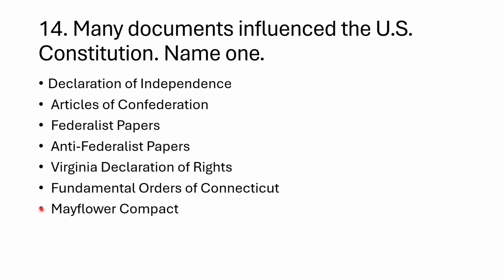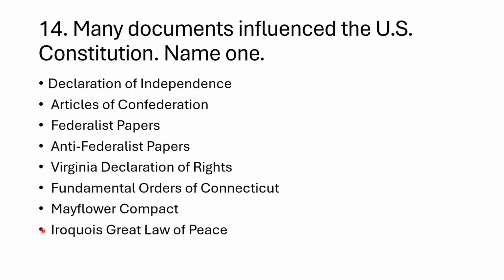And while they were on the boat, they had some disagreements, and so they wrote a document. They called it the Mayflower Compact. Mayflower was the name of the boat they were on, and that was to govern the way that they interacted with one another while they were on the boat and after they arrived and established their colony.